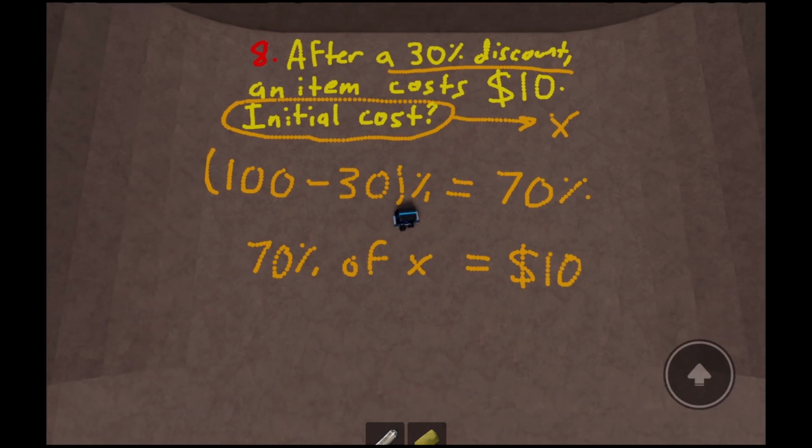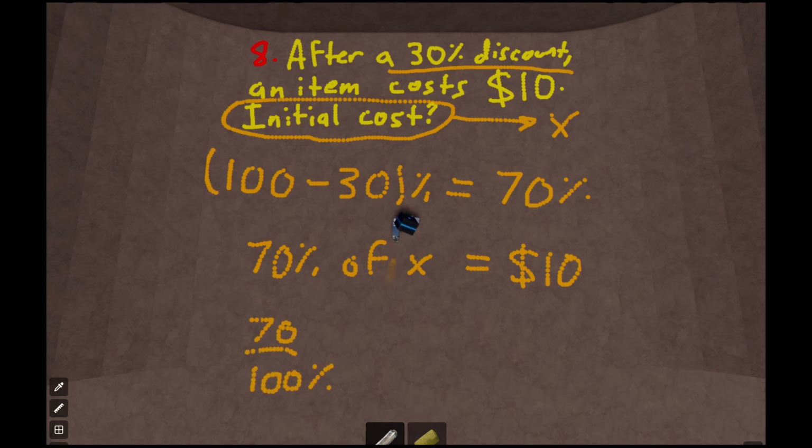To solve this problem, let's first convert 70% into a decimal. So 70% divided by 100% is just equal to 0.7. So that's our multiplier on X. And now we just have 0.7 times X is equal to $10.